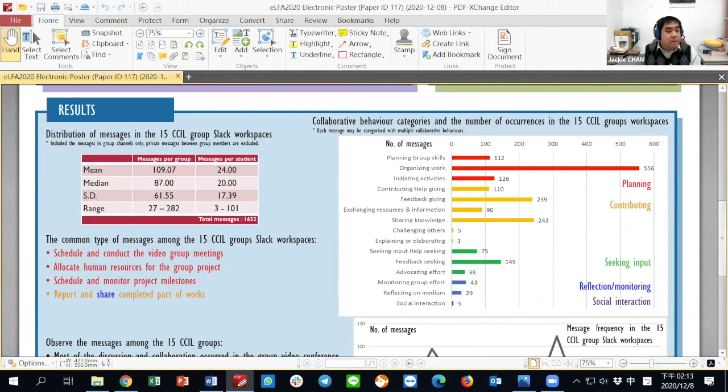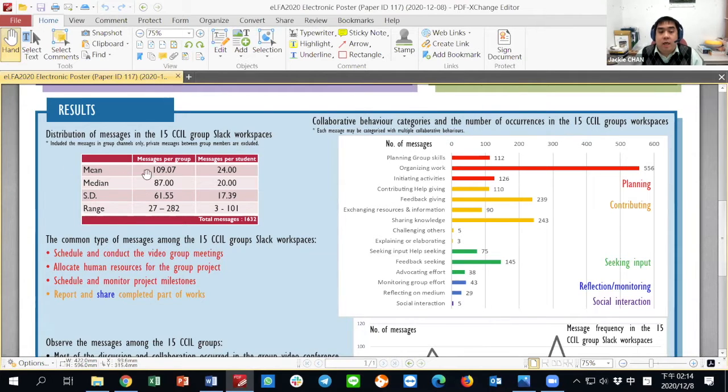When students completed the assignment, the Slack messages on all public channels were exported and analyzed using both quantitative and qualitative methods. I say all the public channels because exporting private channels is only available in the paid version. You can see the distribution of messages among the 15 Slack working groups.